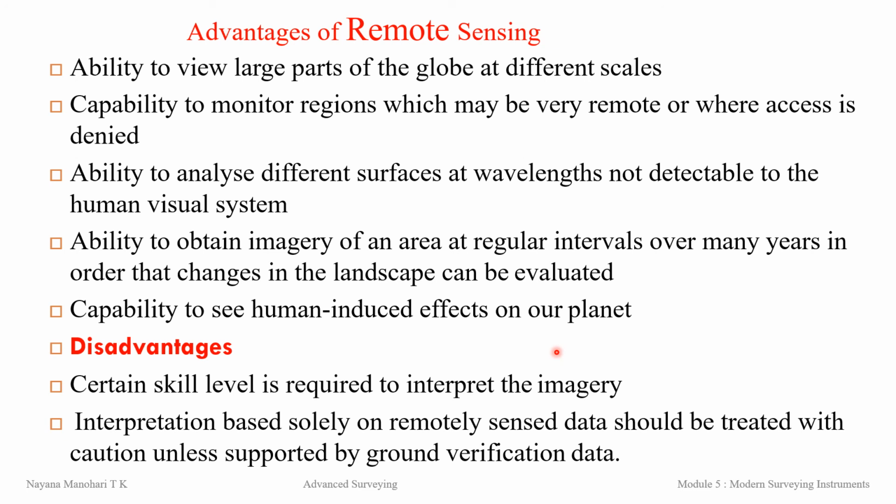Large area coverage enables regional surveys on a variety of themes and identification of large features, and a single remotely sensed image can be analyzed and interpreted for different purposes as well as applications.